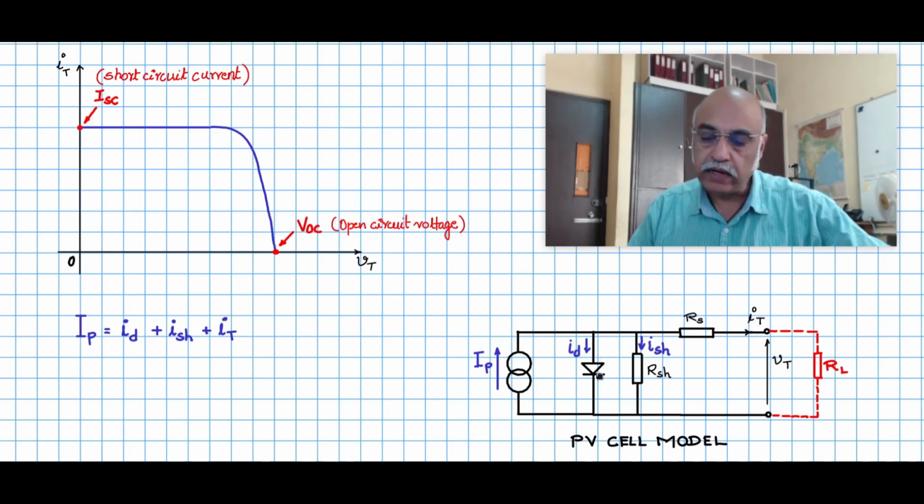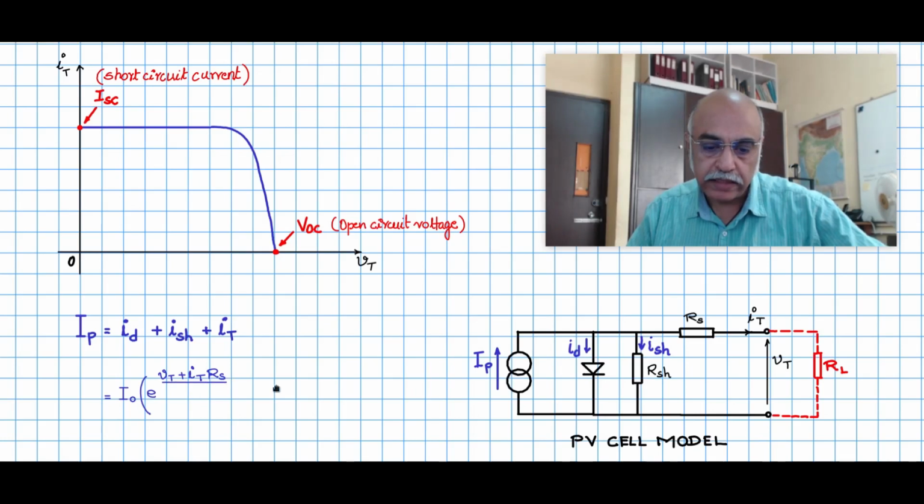Now ID is the diode current, and we know from semiconductor physics the diode current is given by I naught, the reverse saturation current, times e to the power of the terminal voltage across the diode. If there is a current IT flowing through this RS, then VT plus IT RS is the voltage across the diode at this node point.